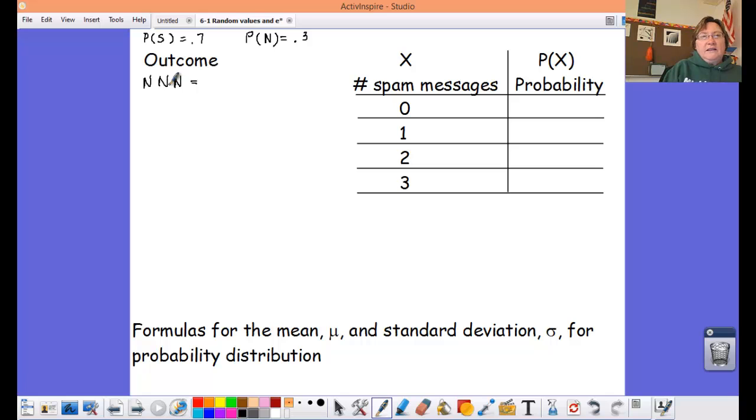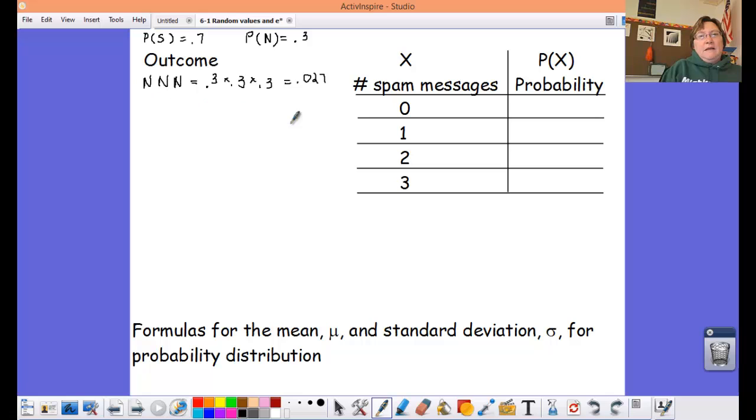These are independent events. The probability that the second message is spam doesn't change based on whether the first was or not. So we multiply probabilities for independent events, and that means that we should be thinking 0.3 times 0.3 times 0.3. That's going to be 0.027.